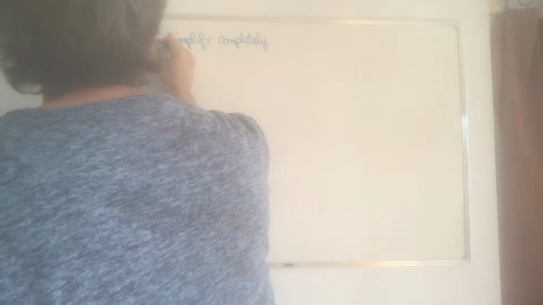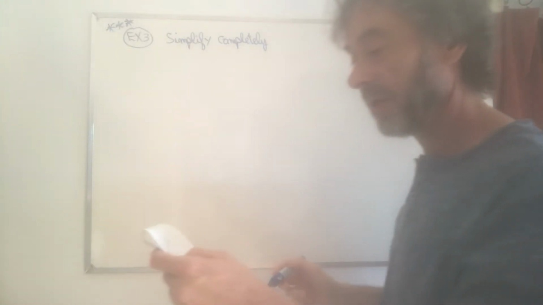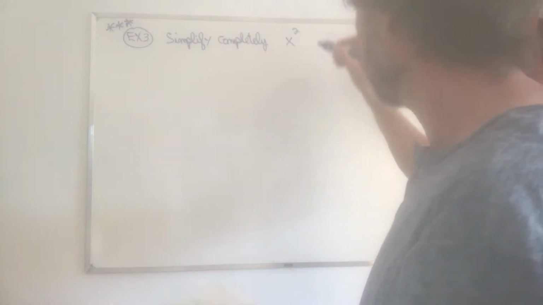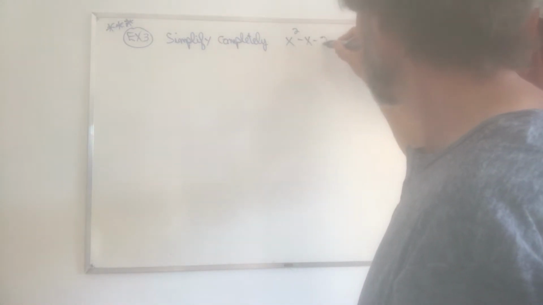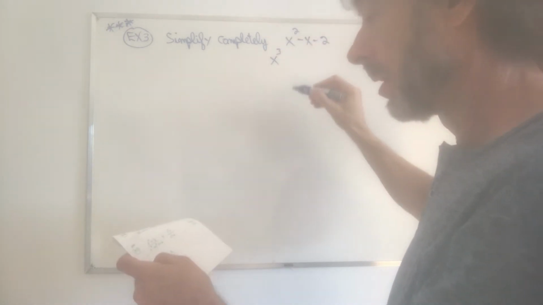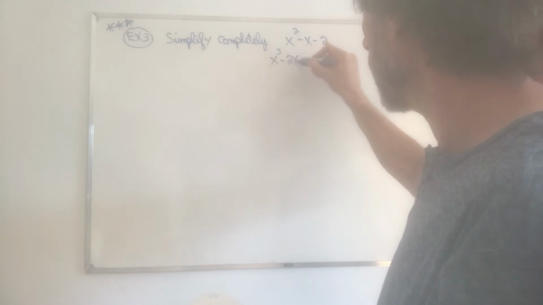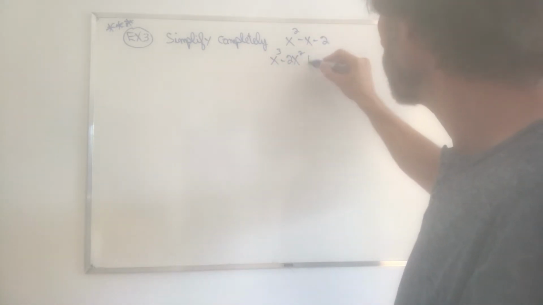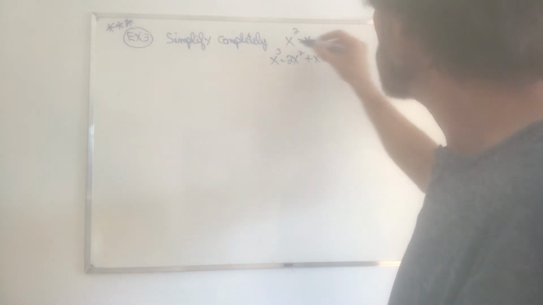All right, example 3. 3 stars. What do we have here? Again, simplify completely. X squared minus x minus 2 over x cubed minus 2x squared plus x minus 2.